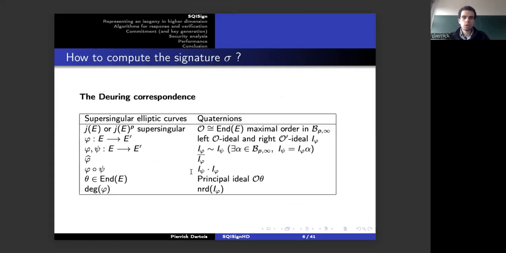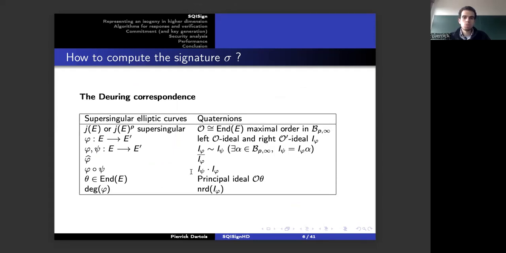Now, the question is, how can we compute the signature sigma? Actually, we use the well-known direct correspondence between the world of supersingular elliptic curves and the world of quaternions.